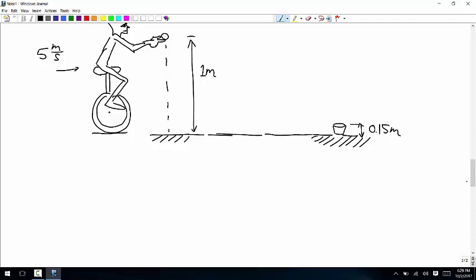Okay, so the question is, what's the horizontal distance between the ball and the cup that you need to drop the ball so that it lands right in the cup?